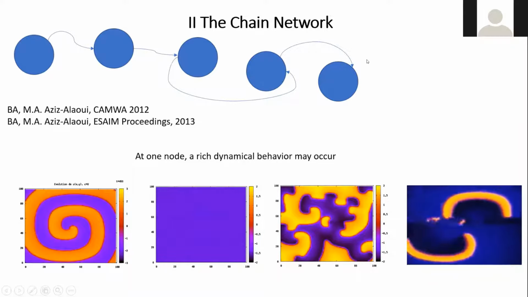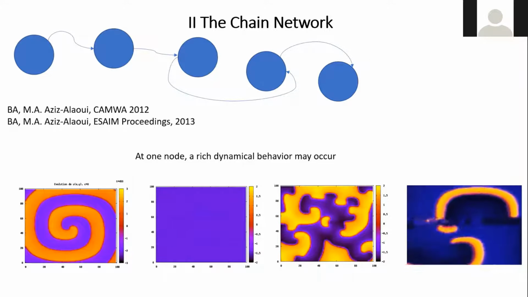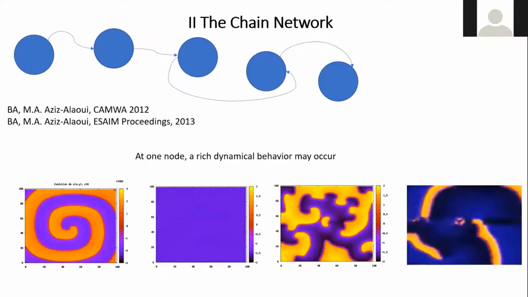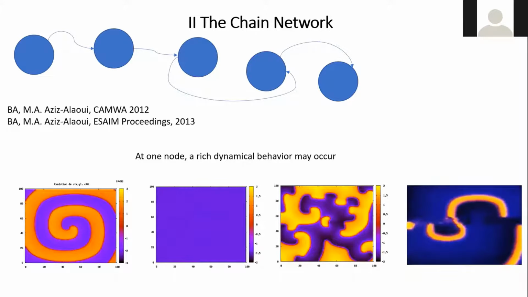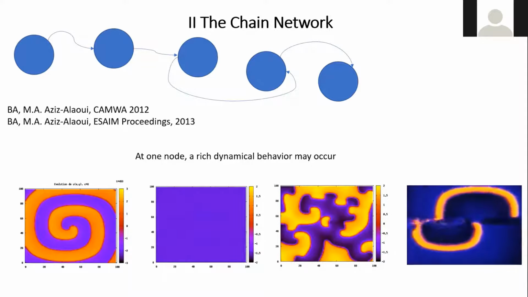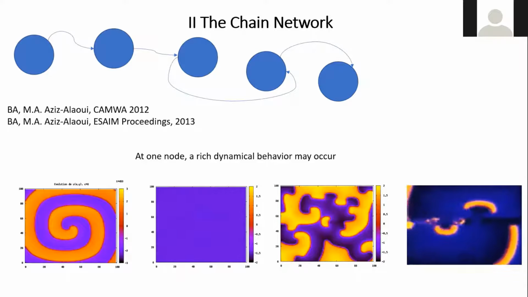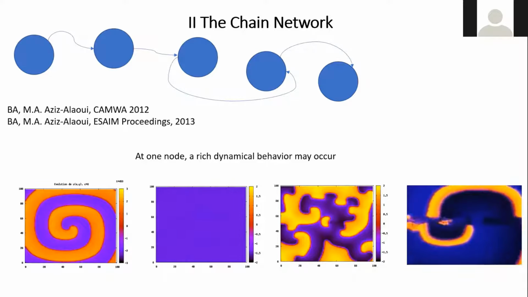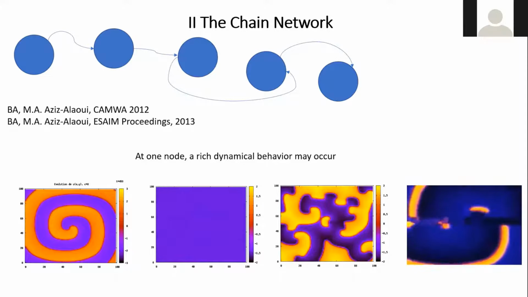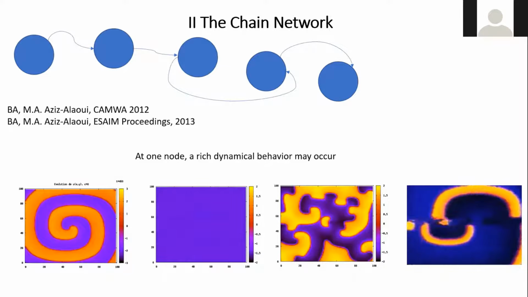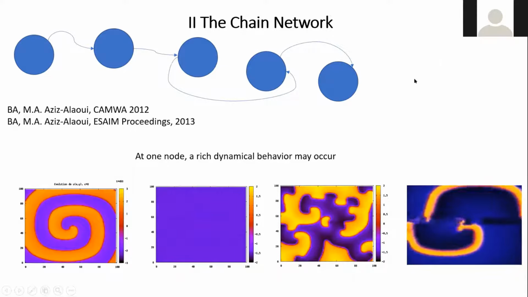So this slide here, I repeat, was just to emphasize that at each node we can have inhomogeneous phenomena in space, which is a big difference with networks of ODEs. So the point here is to emphasize that we are considering networks of PDEs, which have inhomogeneities in space.